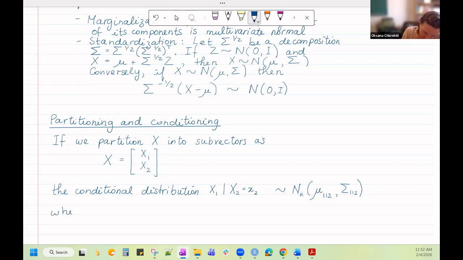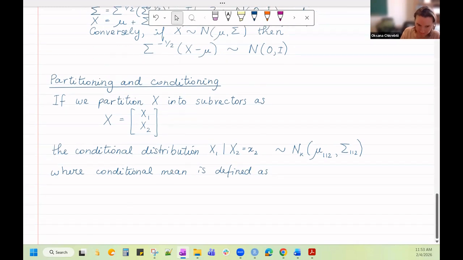Where the conditional mean mu 1, conditioning symbol 2, is defined as follows: mu 1.